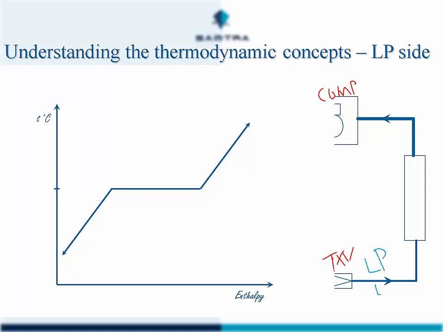We're on the low temperature side, low pressure, low temperature, and this is the saturated mixture. The saturated mixture enters the evaporator, and as it passes through the evaporator, it evaporates, boils away, turns from a liquid to a vapor. At some stage, we end up with 100% vapor in the evaporator.